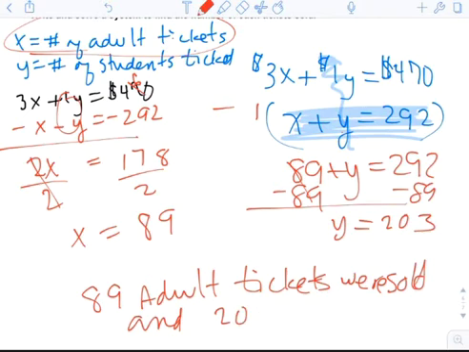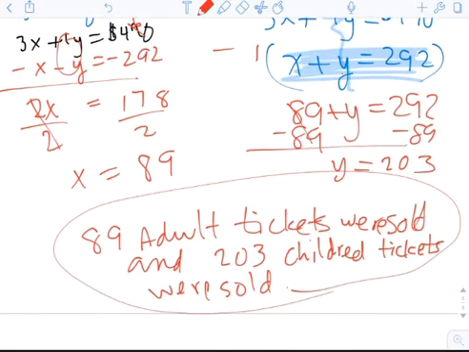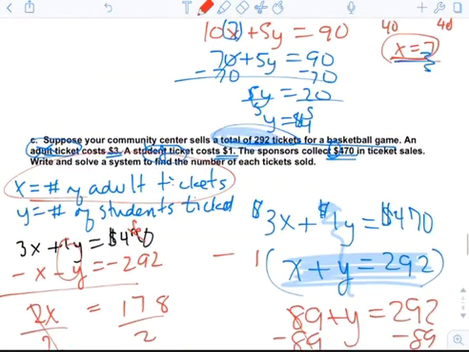And 203 children's tickets were sold. Okay? That's how we do it. That's the end of it, I believe. Thank gosh. All right.